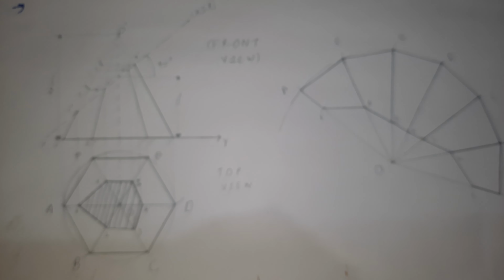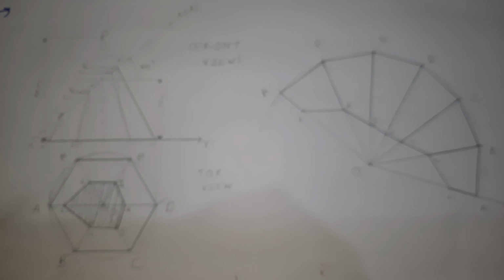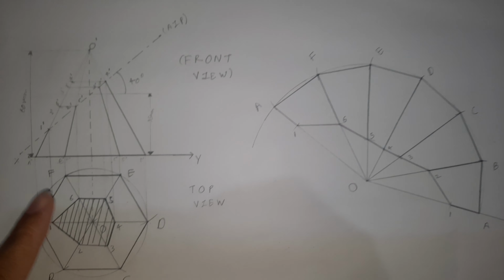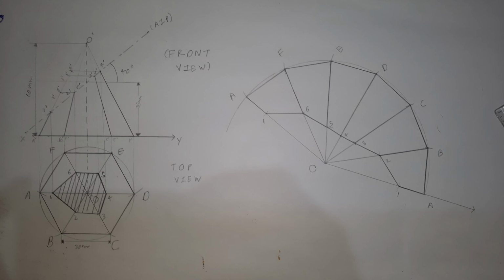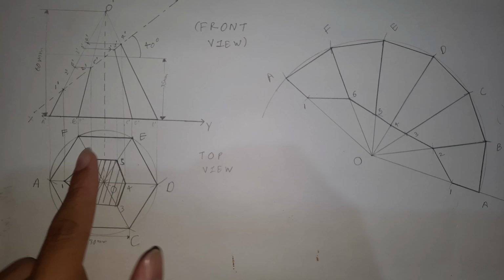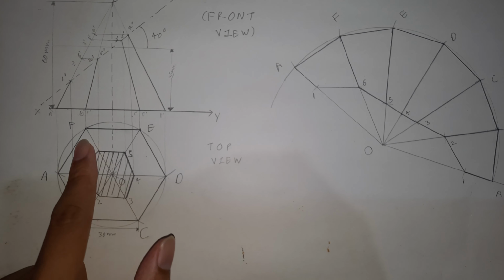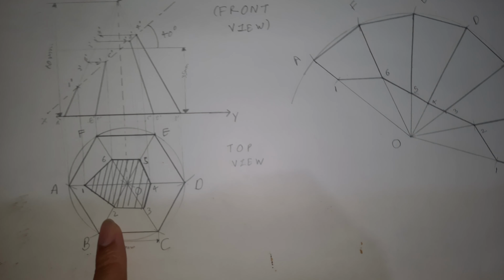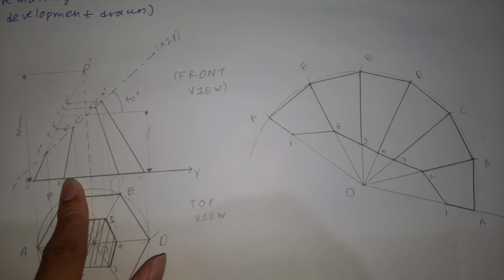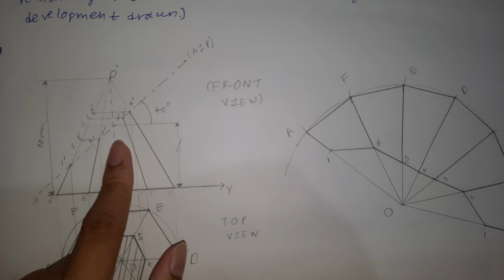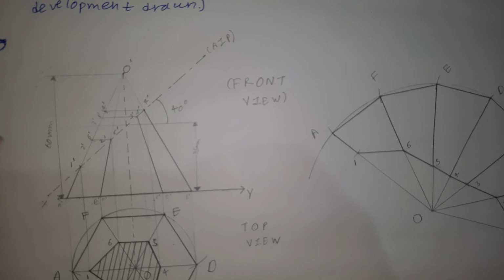As I have explained before, this is how we have reached the development. First, we have inscribed a hexagon inside a circle of radius 30 mm, and then took the projection of points to draw the front view of height 60 mm.